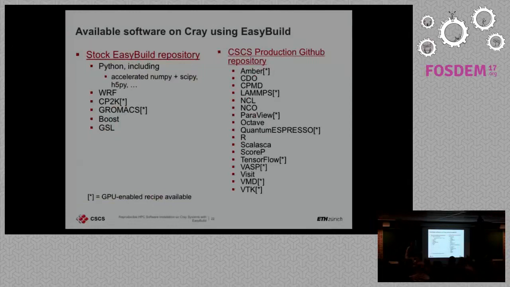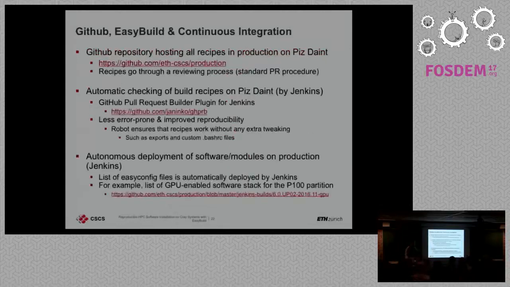This is the list of software that you can find for Cray in the stock EasyBuild repository, meaning that we have already contributed back. We also have our GitHub repository where we have our recipes, and here is the list if you want to look for your software.